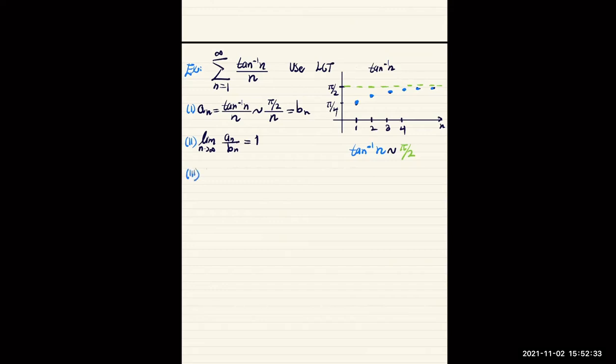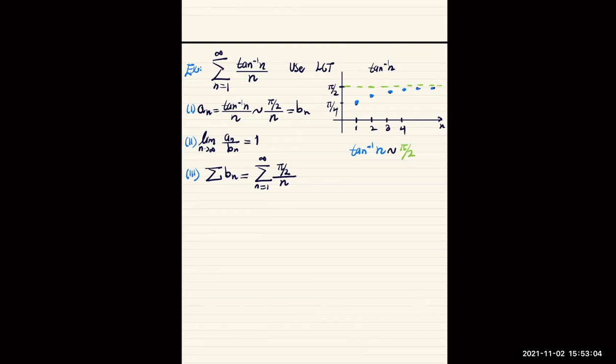Next step, say what happens to the summation of b sub n. Here we get the summation of pi over 2 over n. This series is nothing but pi over 2 multiple of the harmonic series. Isn't that right?